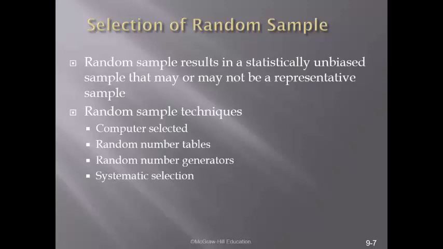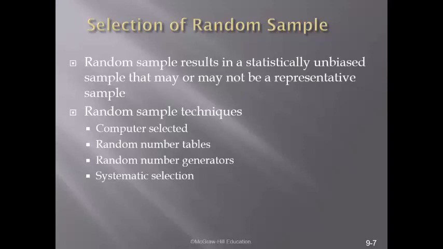The principle involved in unrestricted random selection is that every item in the population has an equal chance of being selected for inclusion in the sample. Although random selection results in a statistically unbiased sample, it is not necessarily a representative sample. Sampling risk still exists purely by chance.